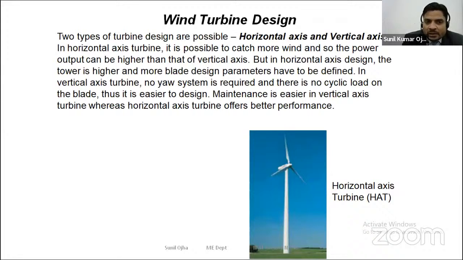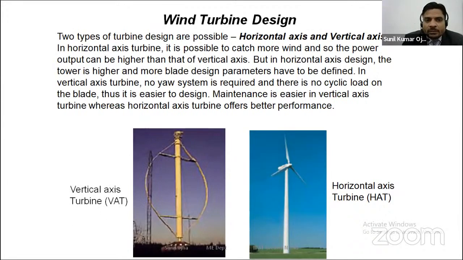There are two types of wind turbines possible to harness wind energy: one is the horizontal axis and another is the vertical axis wind turbine.